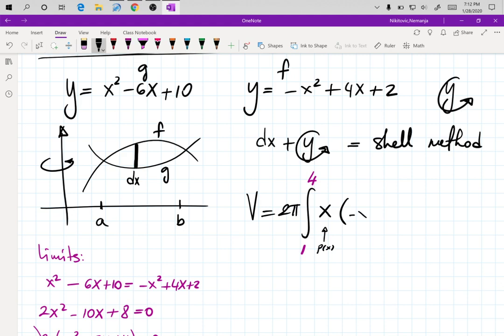So that's negative x squared plus 4x plus 2 minus x squared minus 6x plus 10. Then you close these parentheses and you have dx at the end. All of this is your h of x.